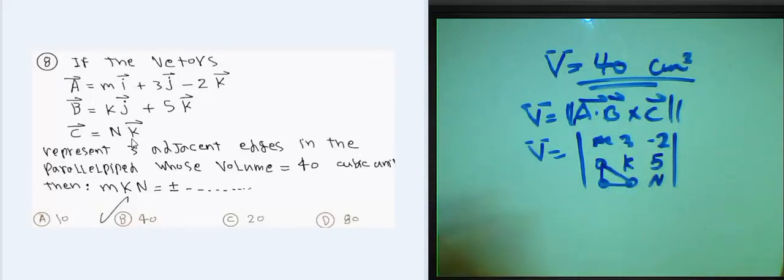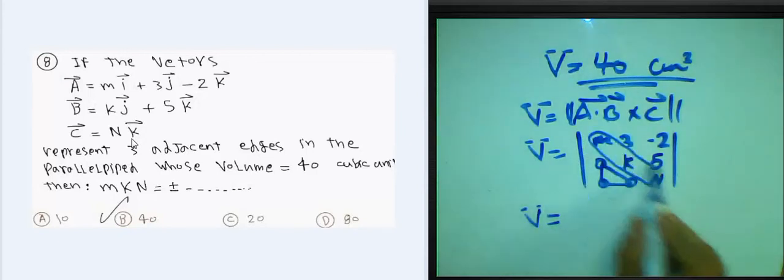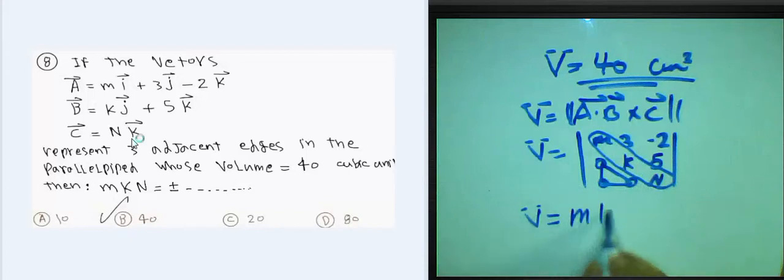From this, the determinant result is the product of the diagonal, m k n. The volume will be m times k times n. It will equal 40 cubic centimeters. Then you must choose letter B for question 8.